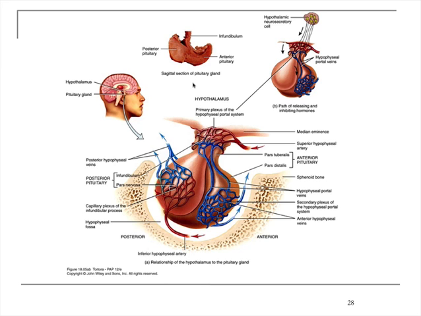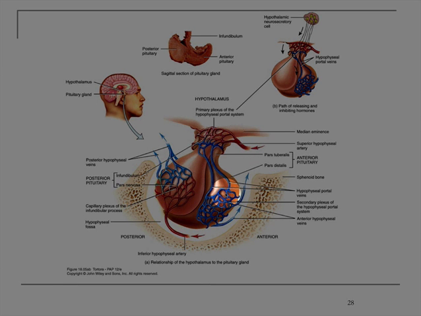Here's a picture that illustrates the location of the hypothalamus in relation to the pituitary gland. The hypothalamus is this region up here, and here's the pituitary gland. As you can see, there are two parts to the pituitary gland, an anterior lobe and a posterior lobe. What happens is that the hypothalamus contains a bunch of neurosecretory cells.